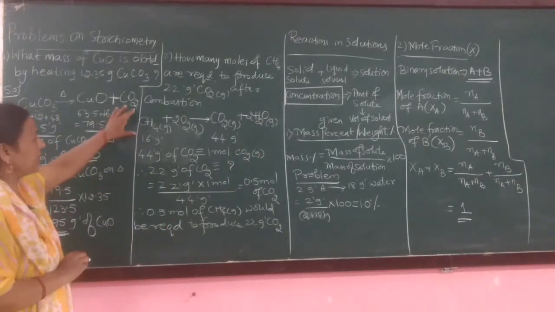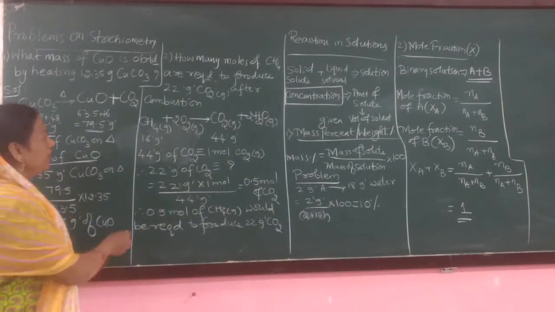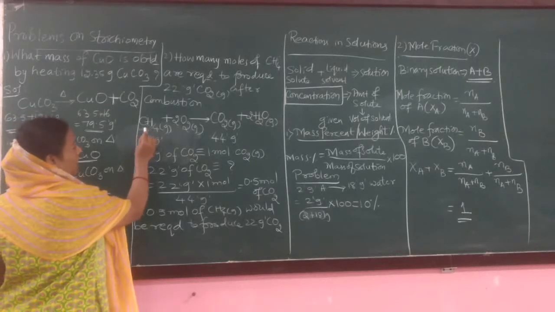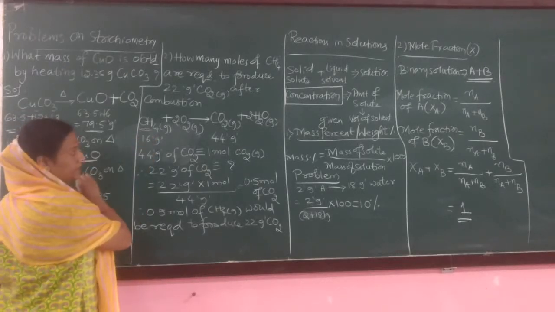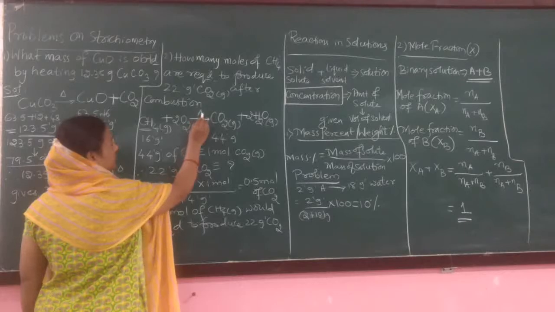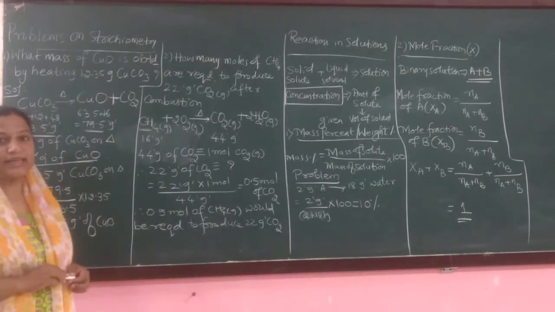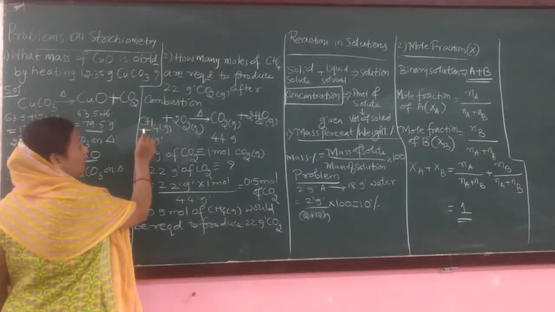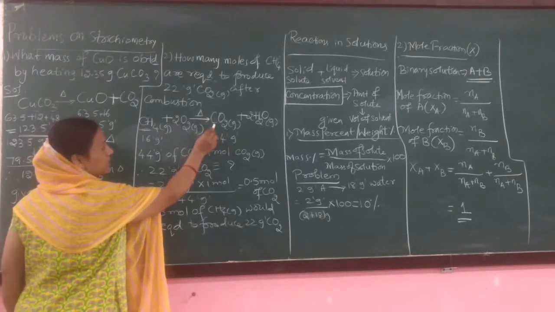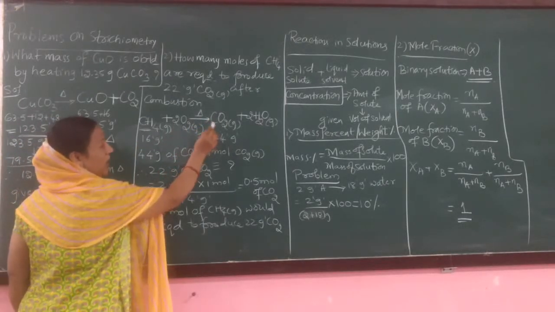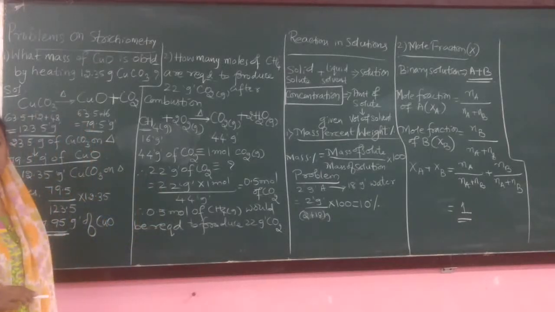Now this is the balanced chemical equation. If you look at the reaction equation, 1 mole of methane on combustion, the triangle on the arrow being the symbol for heating, gives 1 mole of carbon dioxide.